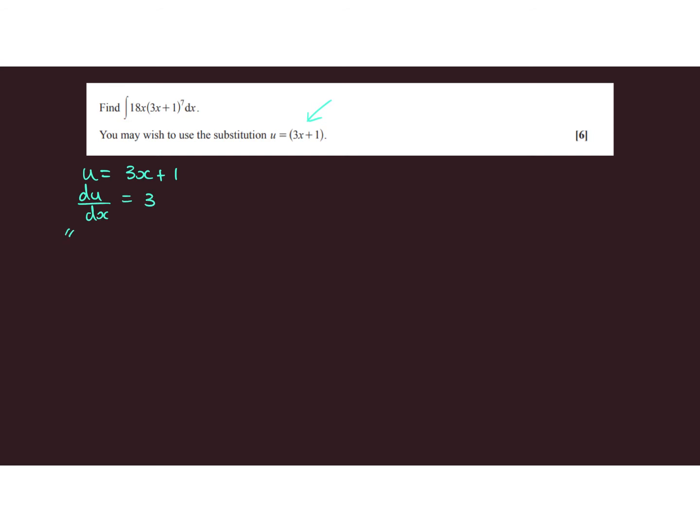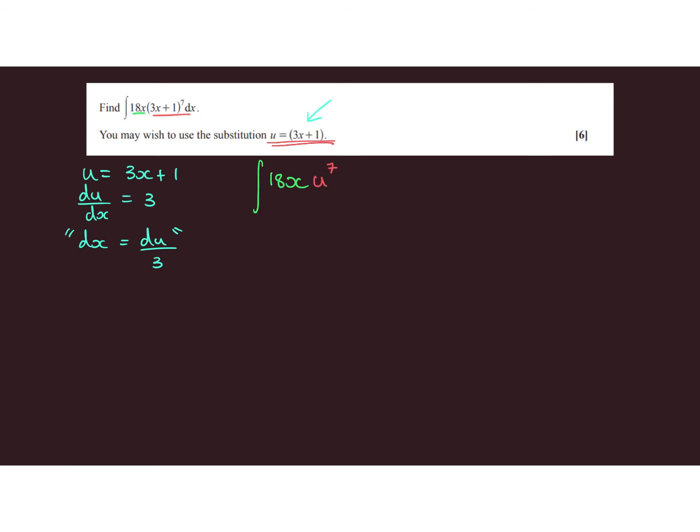And then I can do a little bit of rearrangement here, which goes in quotation marks because, as we know, it's not real maths. So then substituting into the integral, let's leave this 18x alone here for the moment. And then this next piece, 3x plus 1 to the 7, well, that can be replaced by u to the power of 7.